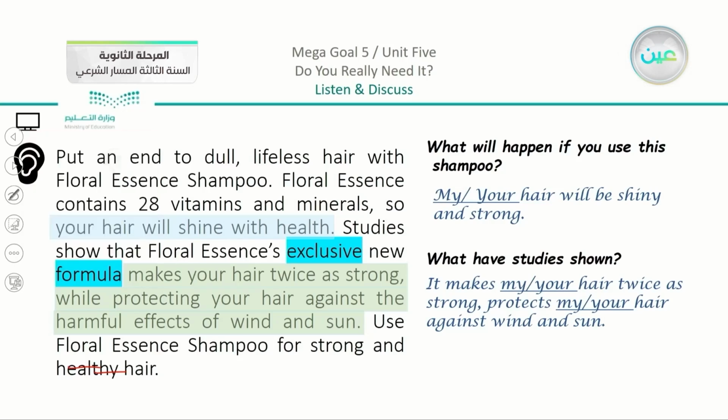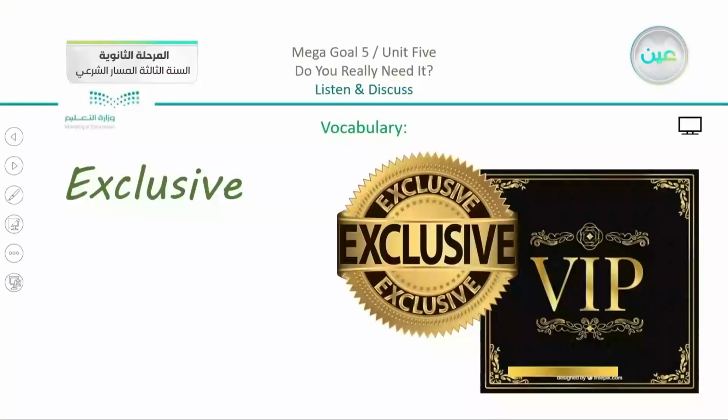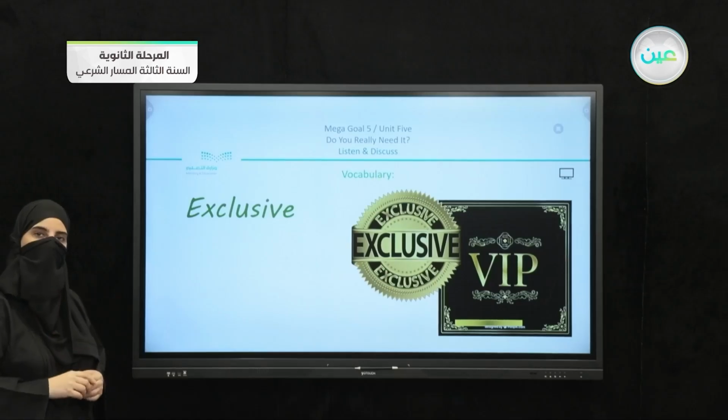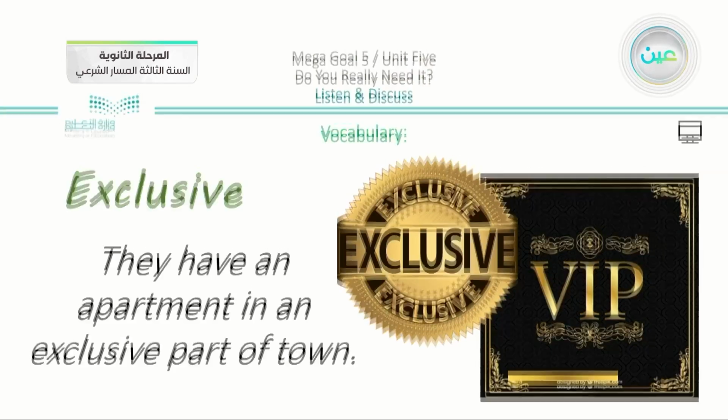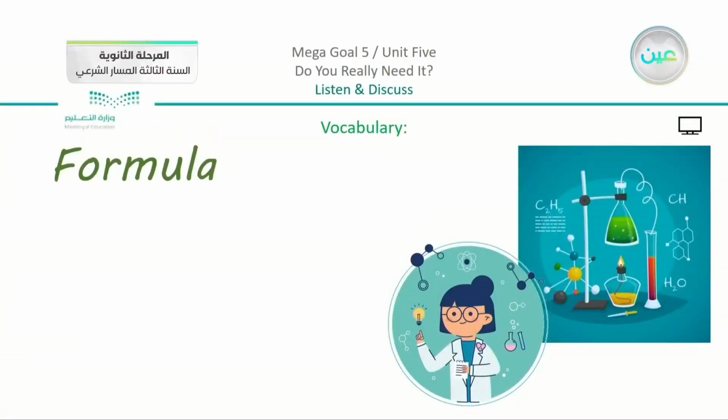Let's just see here. Yes. Now we have the word exclusive. So exclusive here, we do have these two pictures. You can see that something is VIP, or it shows something is very special, and there is also an example here. We can say that they have an apartment in an exclusive part of town. So it gives you an idea of importance. Also, the word formula, as I mentioned, that there are movie formulas or film formulas.